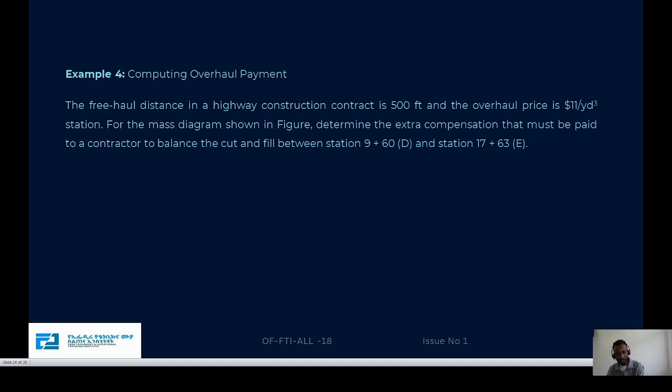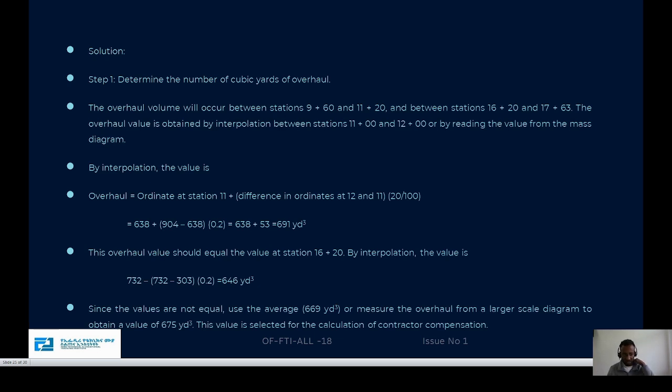So the mass haul diagram shown in the figures determines the extra compensation that must be paid to the contractors. The cutting and filling between the stations 9 plus 16 in the first loop, and the second loop is 17 plus 63. So first we determine the number of cubic yards overhaul.